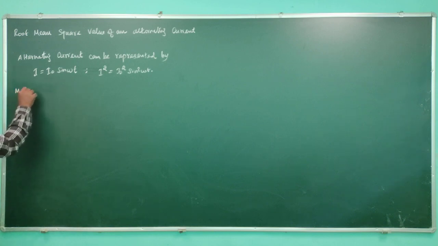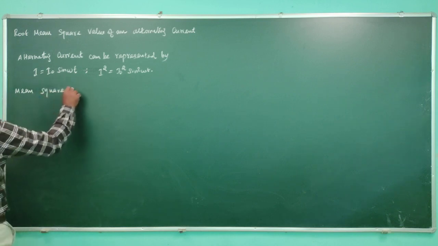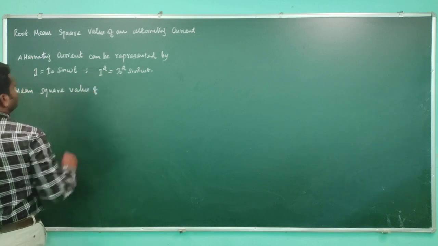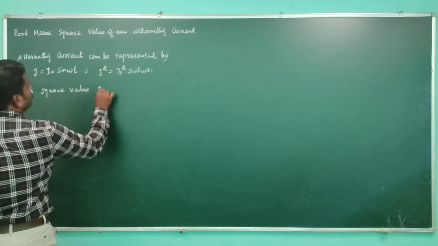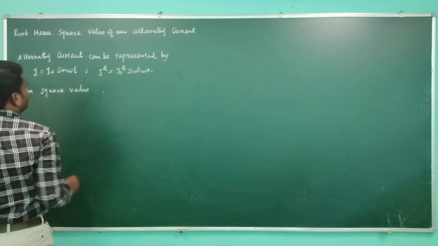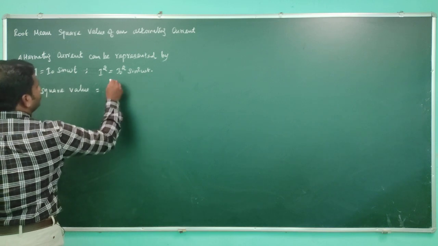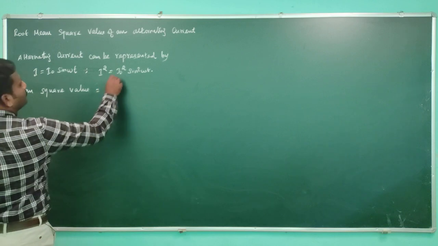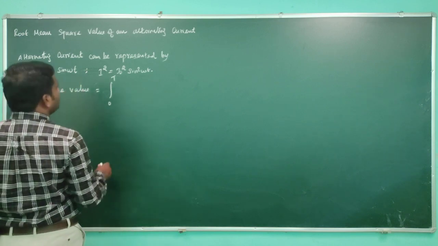Now the mean square value of this I square, right? We have to calculate it for a complete cycle. If you want the root mean square value, you have to calculate the mean square value for a complete cycle.